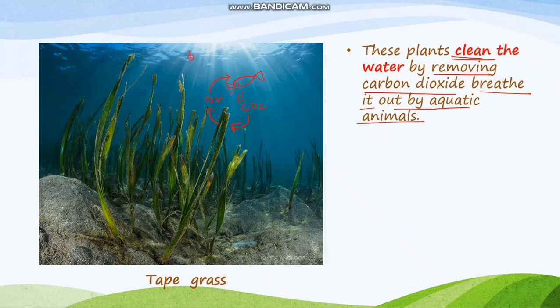Cleaning the water means removing the carbon dioxide. If there will be so much of carbon dioxide, then all the aquatic animals may die. How will they breathe? So that's why CO2 is taken up by these plants, and in return they do the process of photosynthesis and they give out the oxygen.